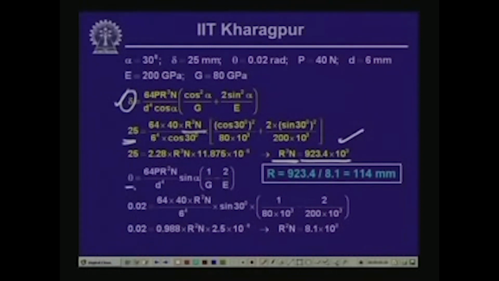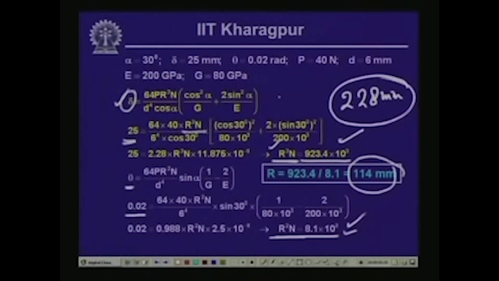Now, we know the limiting angular rotation is equal to 0.02 radian. So, if we substitute these values except r and n, we get the value of r square n as equal to 8.1 into 10 to the power 3. Now, if we divide r cube n by r square n, we get the value of r, which is equal to 114 millimeter. So, the diameter is equal to 228 millimeter for this particular spring.